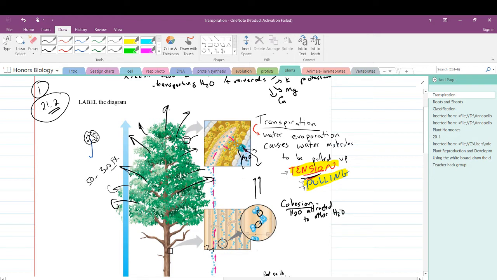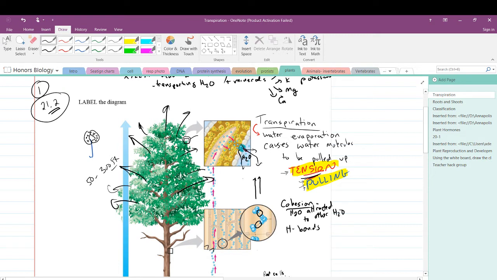And as the water is evaporating, there are water molecules underneath it, below it, in the xylem.